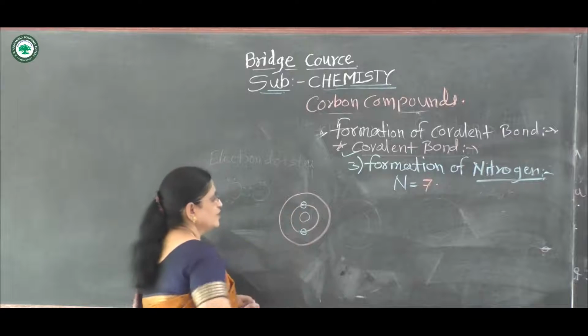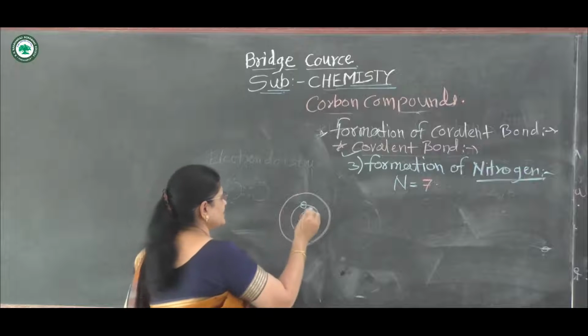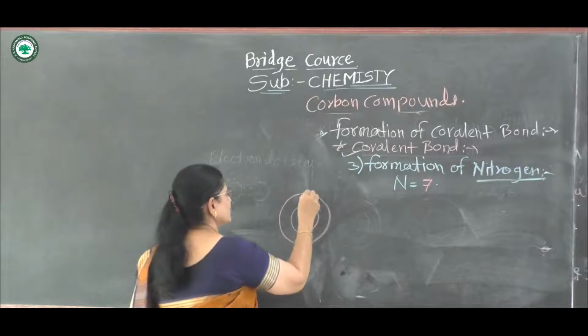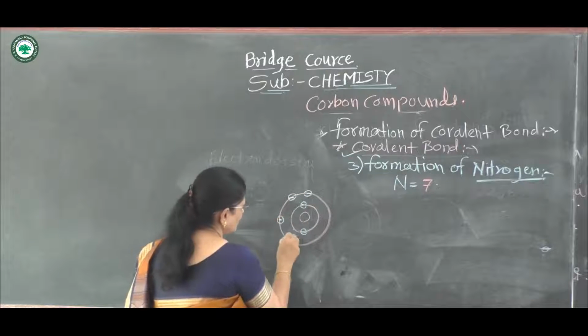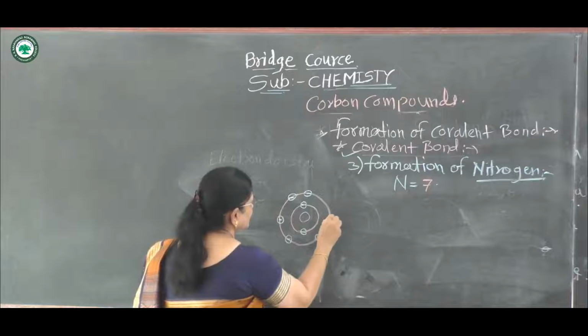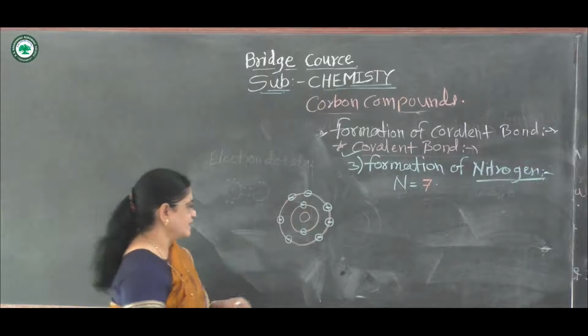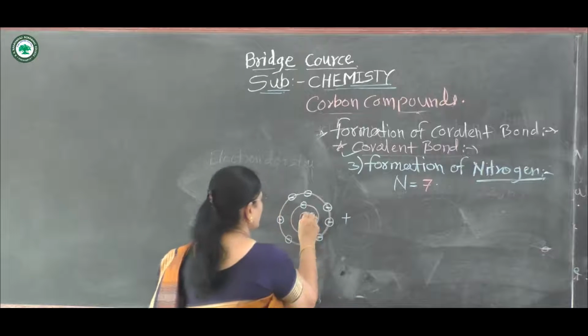Then in the second orbit, how many electrons? 5 electrons, it has 7 electrons in total: first, second, third, fourth, fifth, sixth, and seventh.